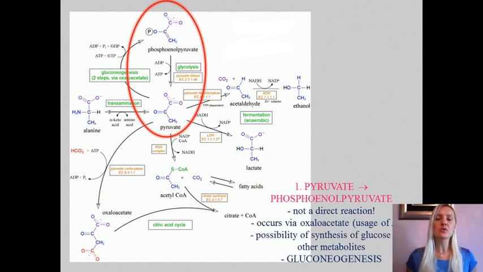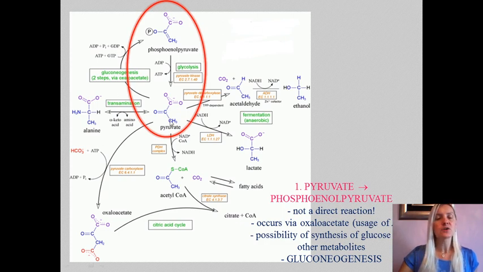But what about the reversible process? What about the conversion of pyruvate to phosphoenol pyruvate? We mentioned earlier that this is not a direct or reversible reaction, so it is not possible to do it reversibly using pyruvate kinase as it was in glycolysis.